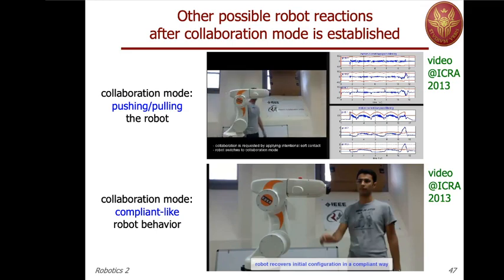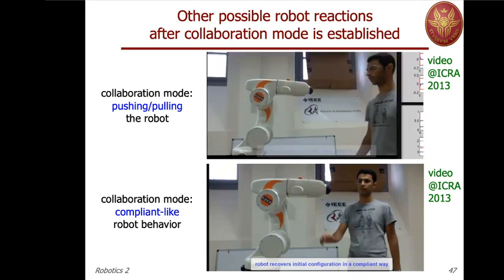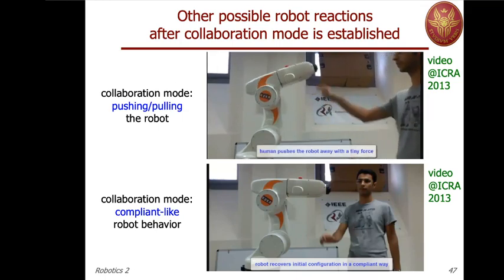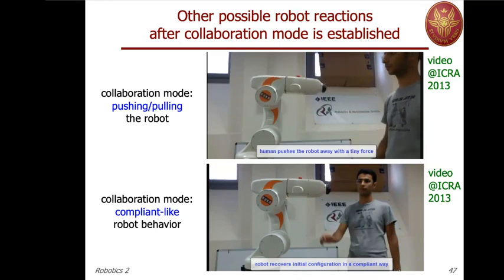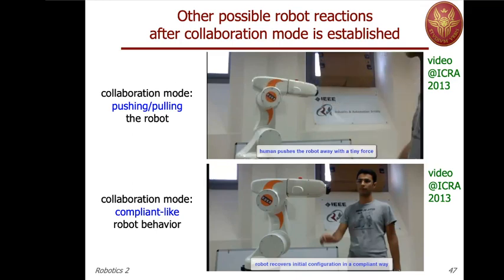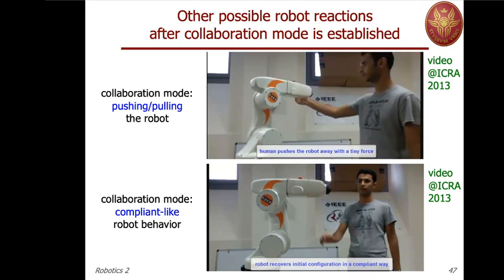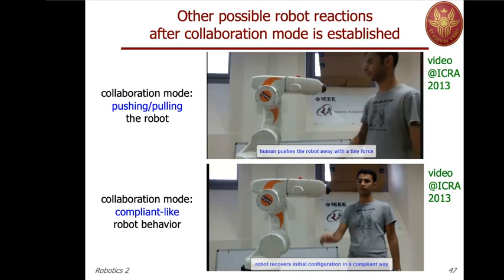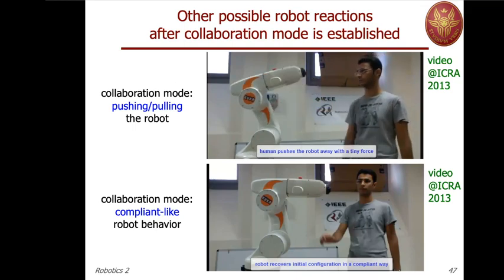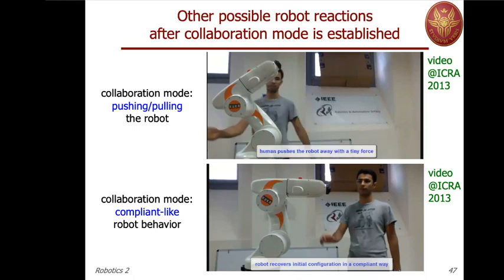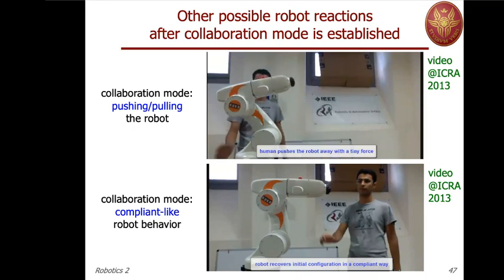Again, you stop it in a soft mode so that the robot understands that from now on it should collaborate, and then we program the pushing-pulling modality. So with just a tiny force, a finger, the robot will be pushed away or pulled in the other direction. Now this requires some programming, of course, but the behavior is quite natural.